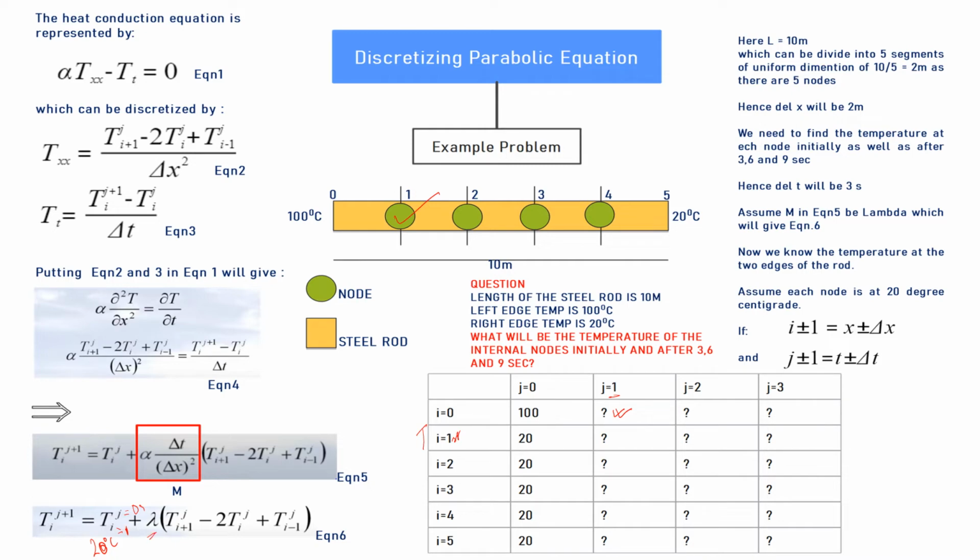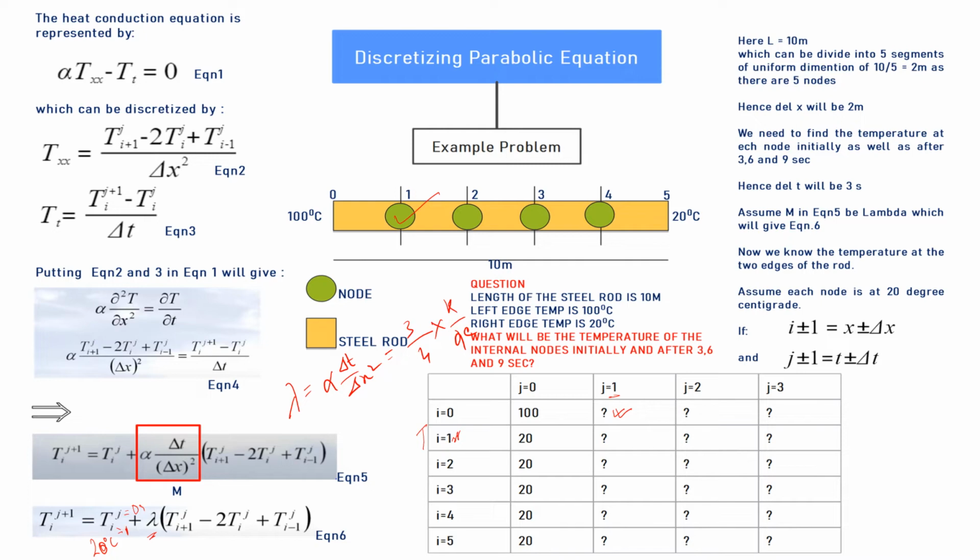Now lambda, as I have discussed already, is equal to alpha delta t by delta x squared. Here delta t is your 3 seconds, delta x squared is 4. And instead of alpha, we can write this as k by rho c. And if you know k and rho c, then you can find the value of alpha, right?